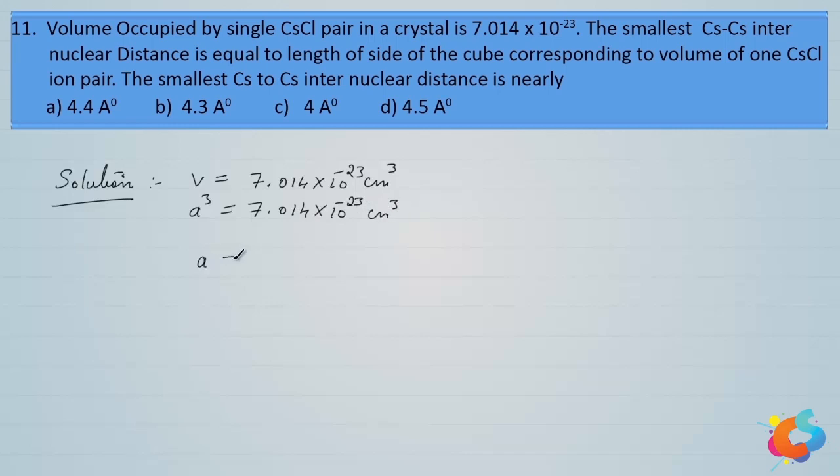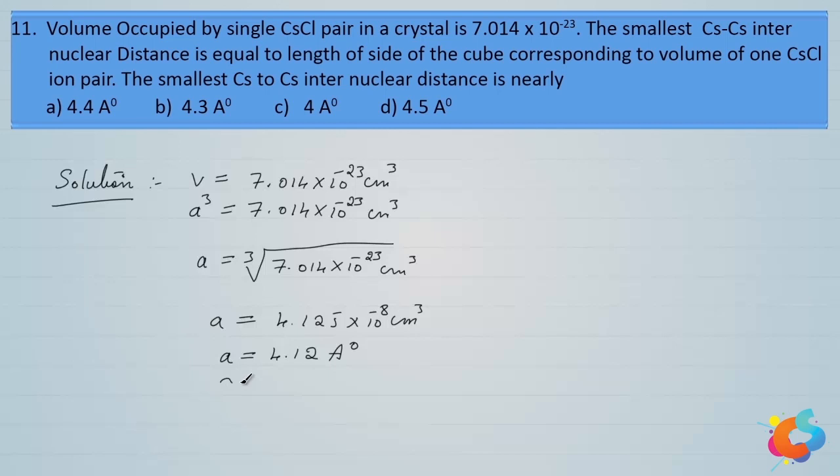By taking the cube root of this, we get the value of A as 4.125 into 10 to the power minus 8 cm, which is further simplified to 4.12 angstrom, which can be approximated as 4 angstrom, and hence the right option is option C.